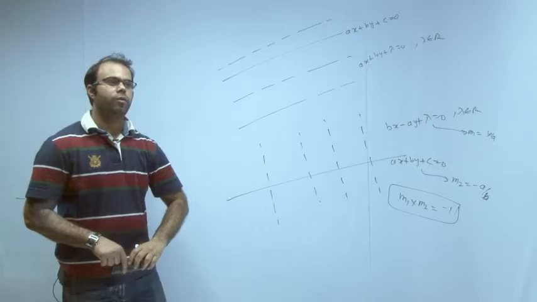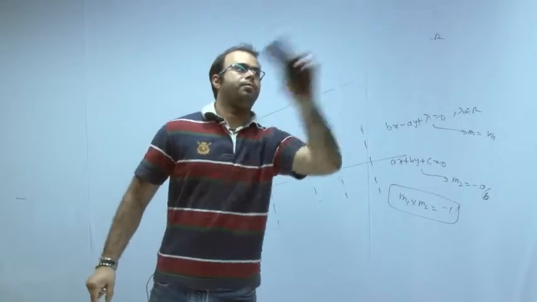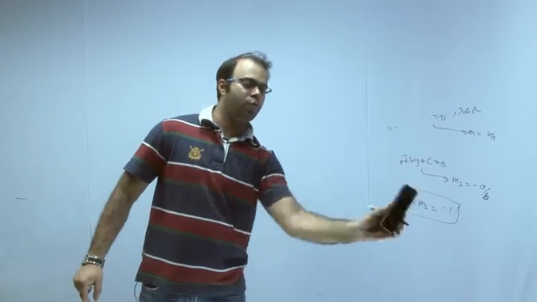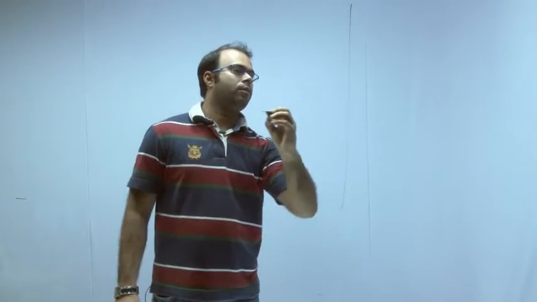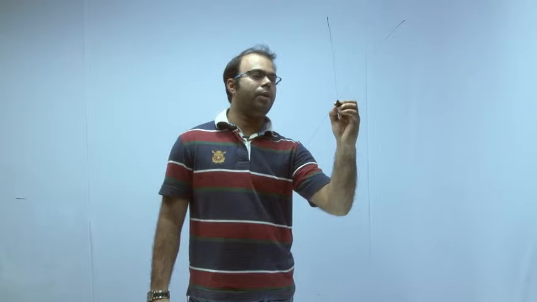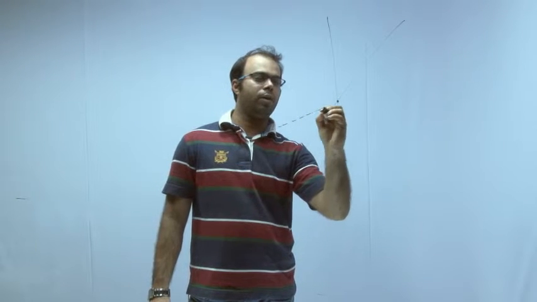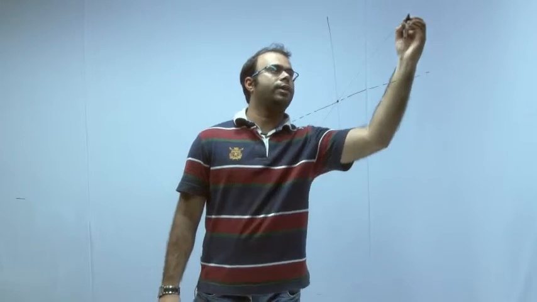Lastly, we come to family of lines passing through the intersection of two lines. Suppose these two lines are there, these two are particularly perpendicular. It is not necessary that those two lines are perpendicular. So we take any two lines, and any line passing through the point of intersection of these two lines.